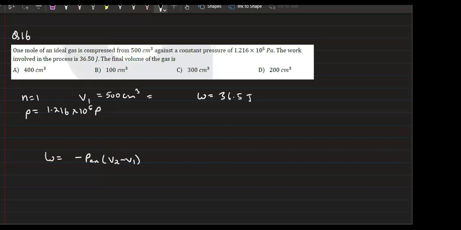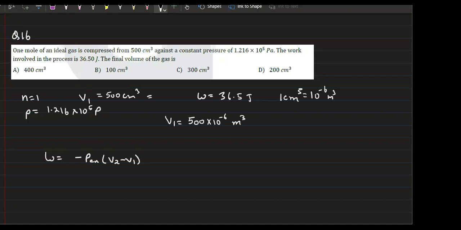We know that 1 centimeter cube is equal to 10 to the power minus 6 meter cube. So V1 will be 500 into 10 to the power minus 6 meter cube. You just have to put the value, get the answer.